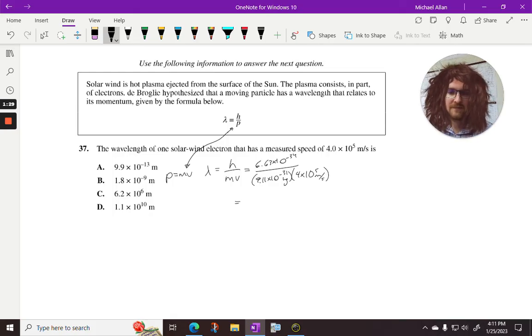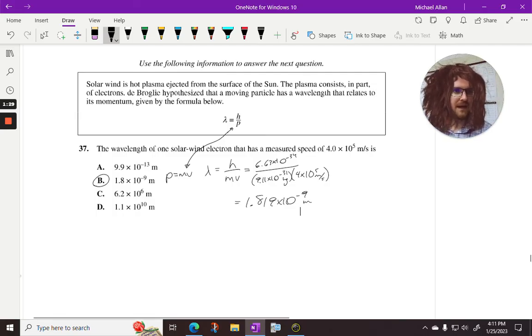All right, so let's see what we have here. Divided by 9.11 e to the negative 31, times 4e to the 8. So we have B here: 1.819 times 10 to the negative 9 meters. There you go, 1.8 nanometers.